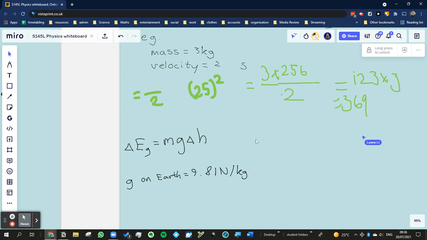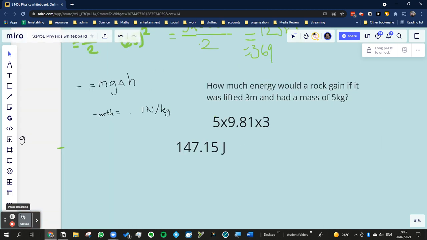So this time I'm going to do a written question. I'm going to pause the video and type it out, and then we'll unpause it and have a look. Right, so this is going to calculate the amount of gravitational energy. You do the mass times the gravitational field strength, how strong gravity is, 5 times 9.81 times the height, which is 3 meters.